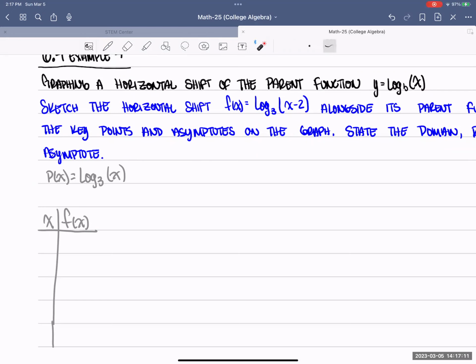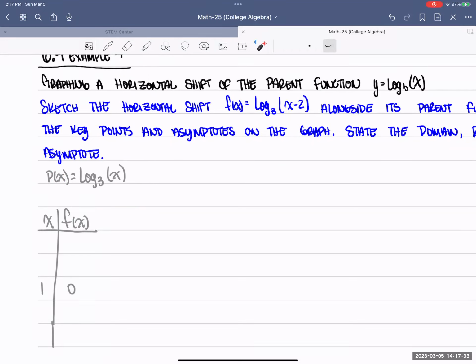Just like we did before, let's think about the output and then come up with an input. So we'll start with an output of 0. 3 to the power 0 gives us 1.